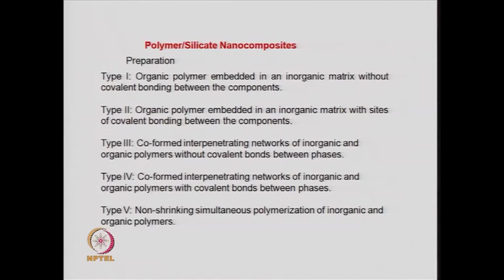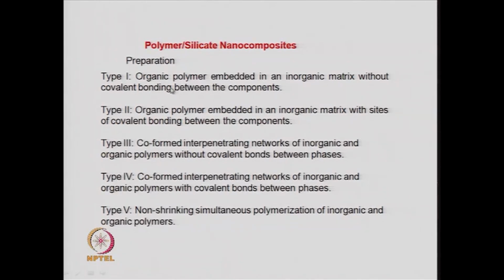Now, another class of nanocomposites is the polymer silicate nanocomposites. So, you have a polymer and you have an inorganic material like a silicate. There are many types of silicates, both man made and naturally occurring, and hence they can be very economical to make nanocomposites with.